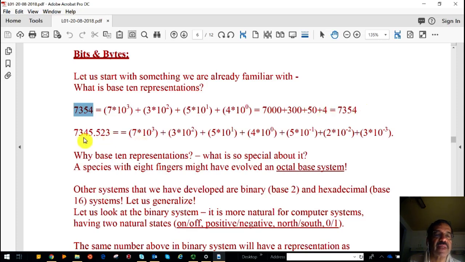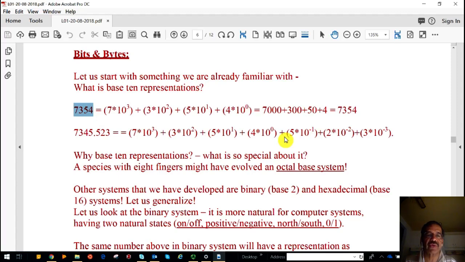Now, if I have a decimal number like 7345.523, we extend the notion in the same way, but the base is expanded to include 10 to the minus 1, 10 to the minus 2, 10 to the minus 3, etc. So all the decimal numbers are represented using base 10, which immediately means that you need 10 different symbols to represent each unique one at the base.